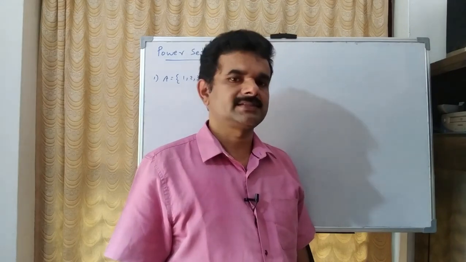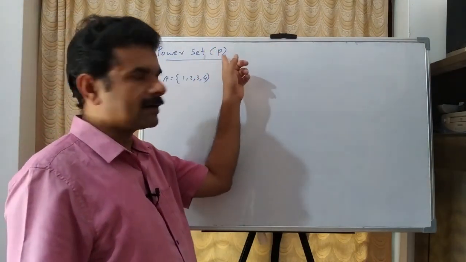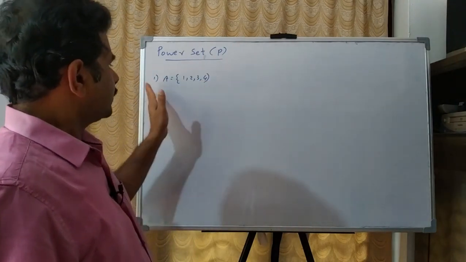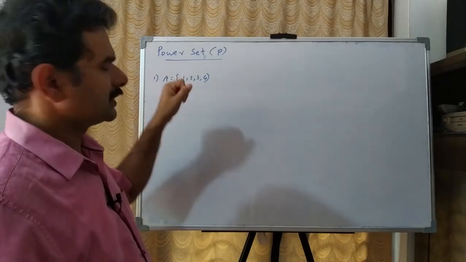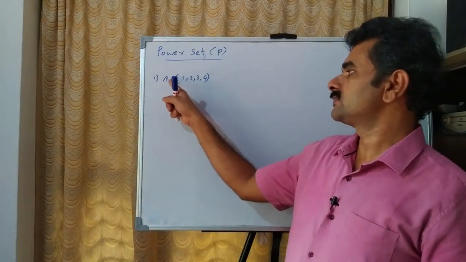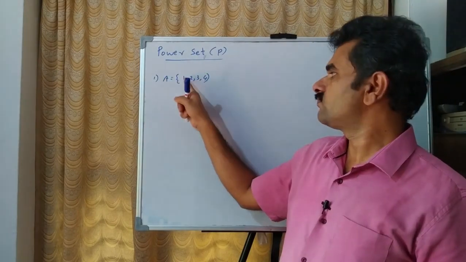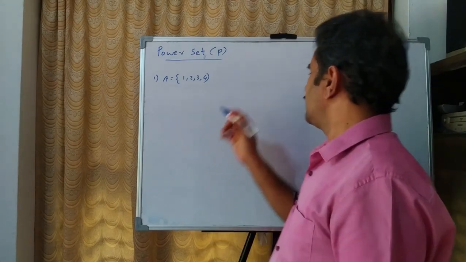Let us discuss what a power set is. The power set is denoted as capital P. As we discussed in the last class, we take capital A equal to the set {1, 2, 3, 4}. The number of elements in the set is 4: 1, 2, 3, 4.